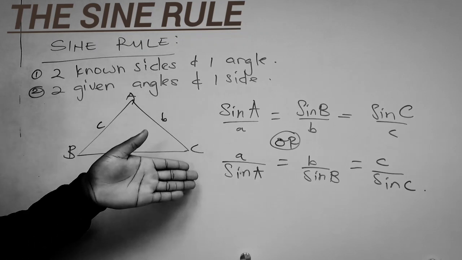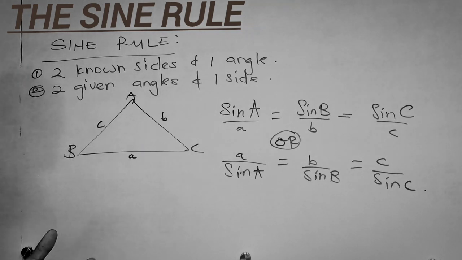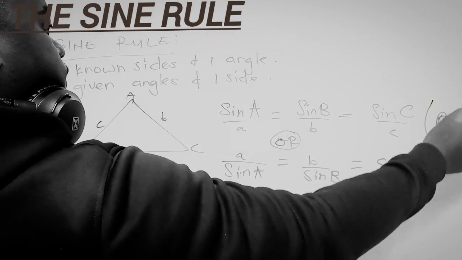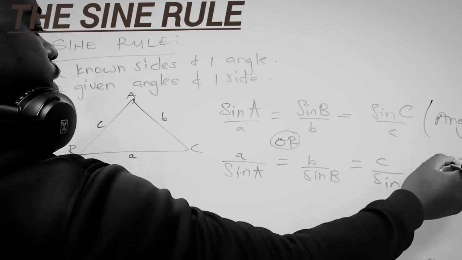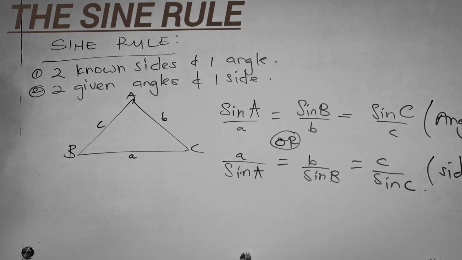All of these formulas give you the same answer, but we're trying to make it faster. So let me just indicate it here. This is for angle, this is for side, to make it easier for us. Okay, let's have an example and see how we apply sine rule.